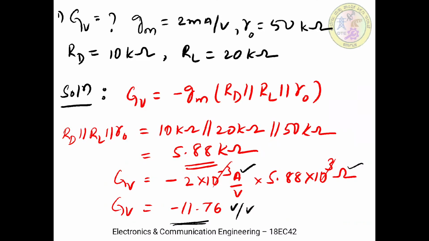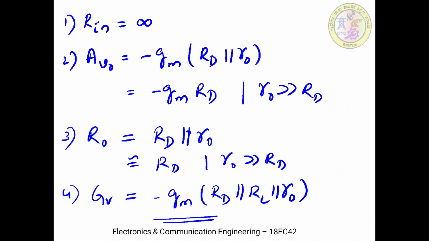Now this is how we can calculate the overall voltage gain, or open circuit voltage gain, or any other parameter. For example, for the same circuit, what is the output resistance? We can also compute R naught. From the characterizing parameters, R naught is nothing but RD parallel to R naught, but it is almost equal to RD only.